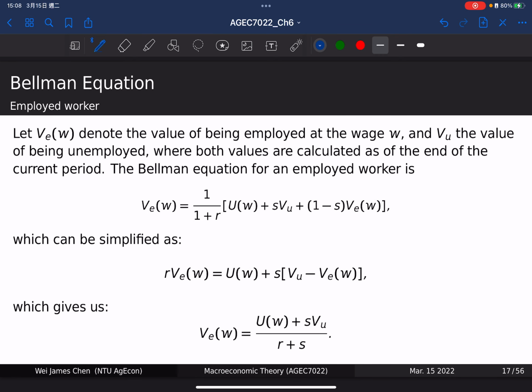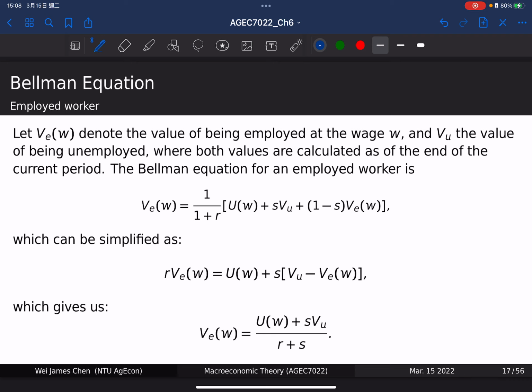Let's first give you the Bellman equation, and then we will have a break. During the break, you can think about why the Bellman equation looks like this. Let's first define it. V_E(w): V stands for value, like a utility function.